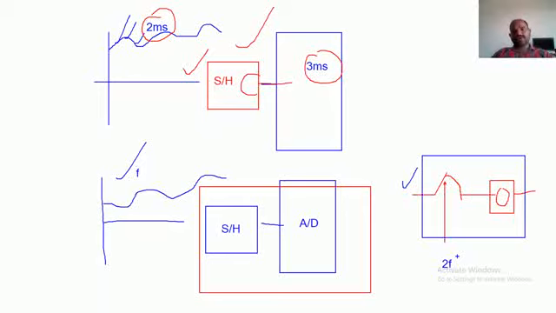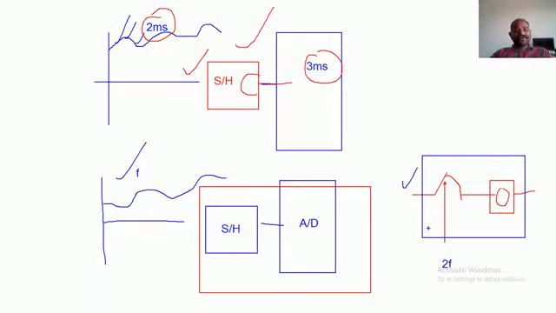In short, if you want to avoid losing any data, any variation in the input signal, then this switch should open and close at a rate of twice the input signal frequency. So this is what we are having.